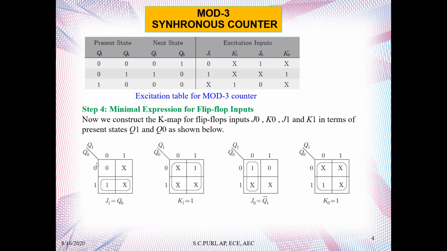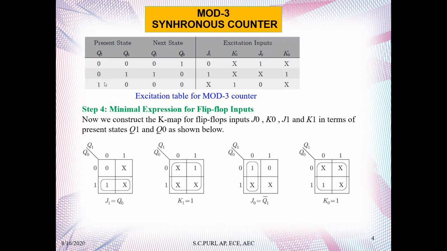Let us see J1. So Q1, Q0 is 0 0, J1 is 0. You can see here. Q1, Q0 is 0 1, J1 is 1, as you can see here.